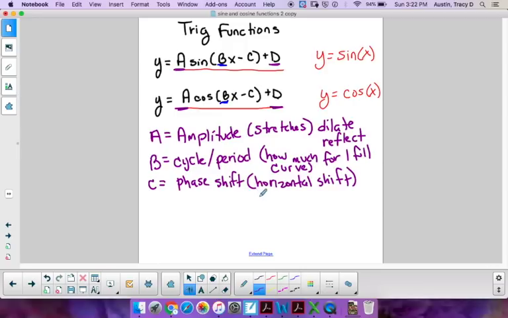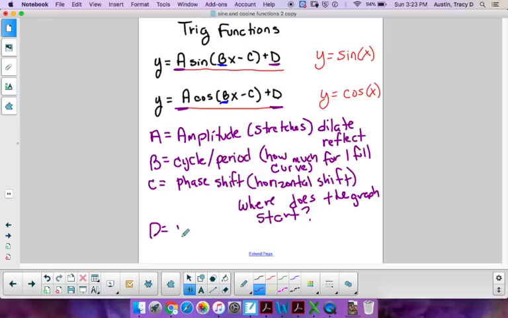Well, in our case, a horizontal shift is where does the graph start? Because normally the graph starts at 0, and if we move the graph left or right, then it's not going to start at 0 anymore. We need to figure out where. So C is what allows us to find our phase shift.